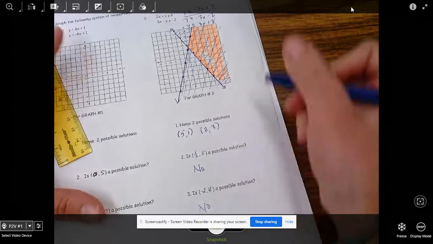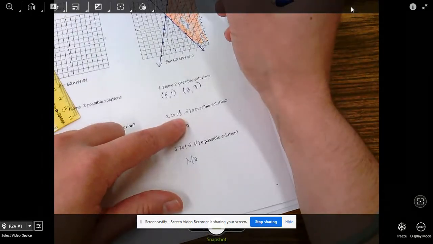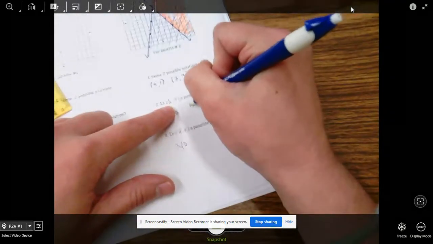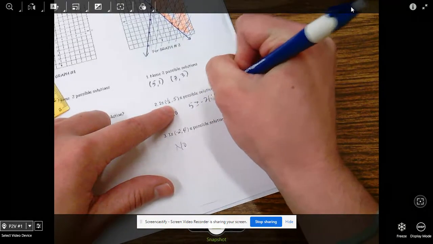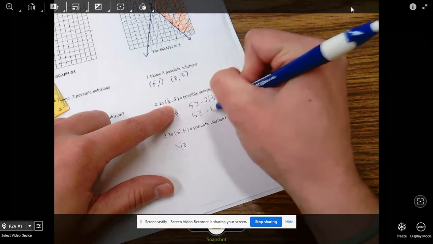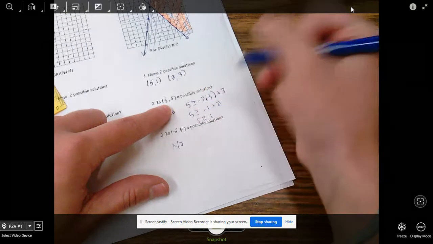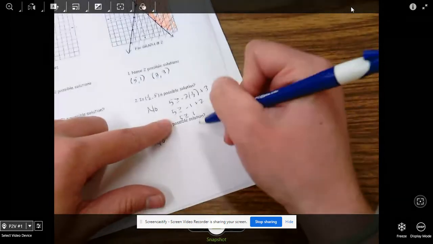No. And another way to check would be actually substituting those values. If I put 1/2 in for x and I put 5 in for y, does it work? It has to work for both. Well, this one works. Let's try it for the other one.